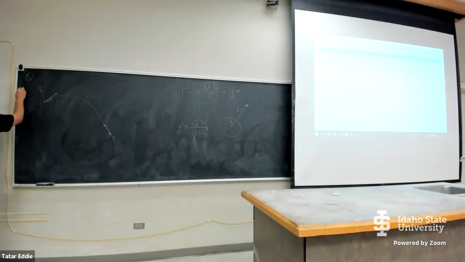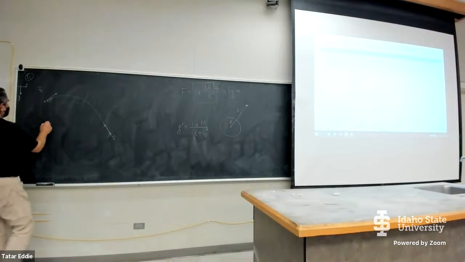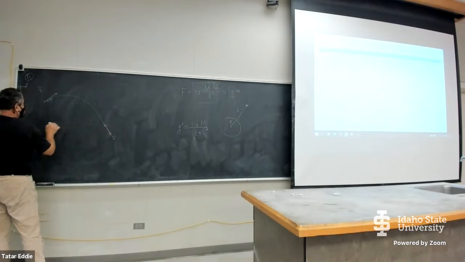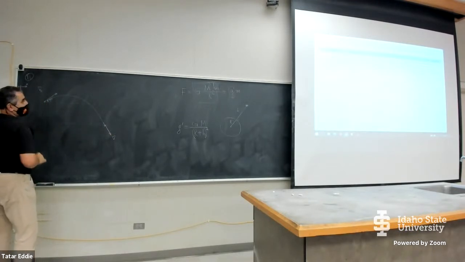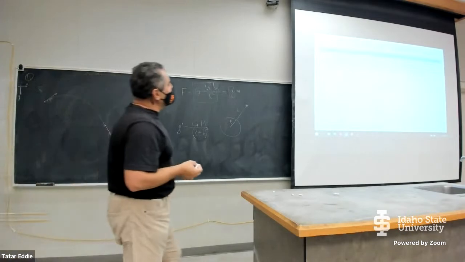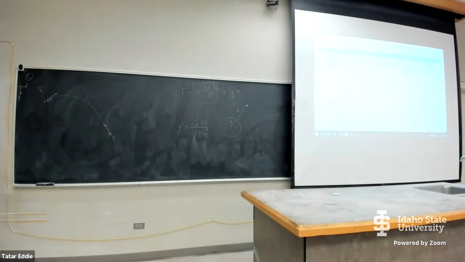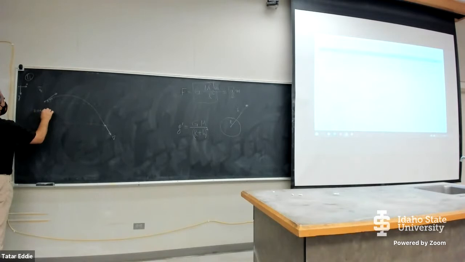Coordinate system, to avoid minus signs, I would choose positive y direction to be... well, okay, let's keep it in the downward direction. So they say that the distance between the ground and the plane, for this version, is 2,000 meters. So 2 kilometers is 2,000 meters. So this is 2,000 meters.